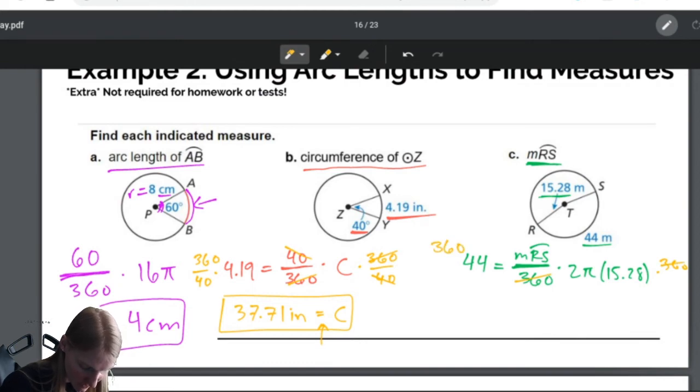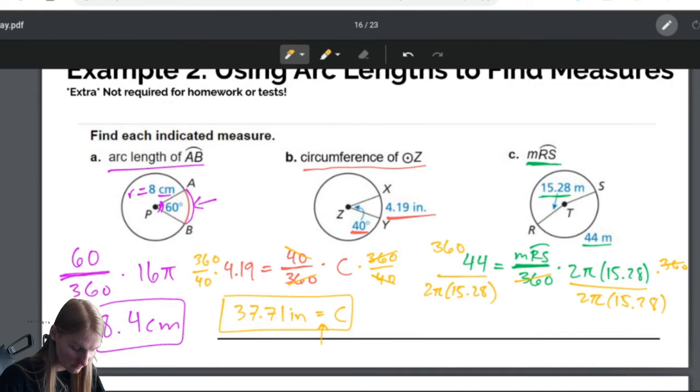Then we're going to divide by all of this, 2 pi times 15.28, and that'll get those to cancel out.